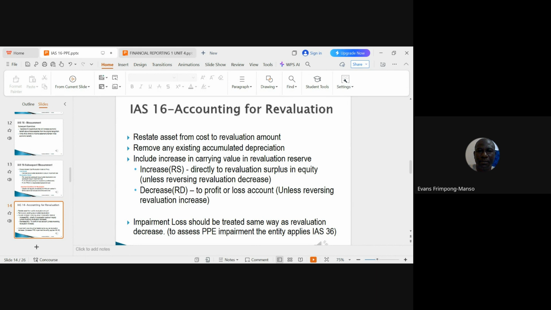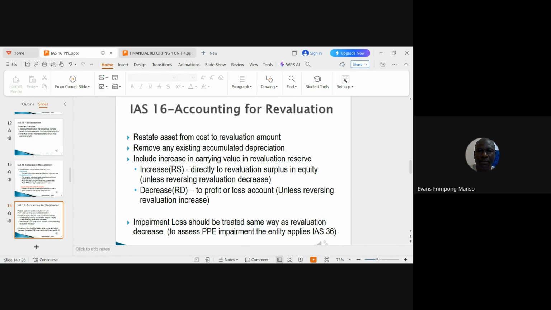And whenever you have a revaluation surplus, you take it straight to the statement of changes in equity. The first day that we met, when we were looking at the conceptual framework, and we looked at the major financial reports, we talked about the statement of changes in equity.